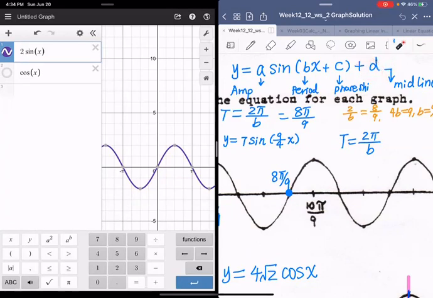If I plus 0, my midline is at the x-axis, or you can see my midline is at y equals 0. After I change to 3, my midline becomes 3. Okay, my midline becomes 3.